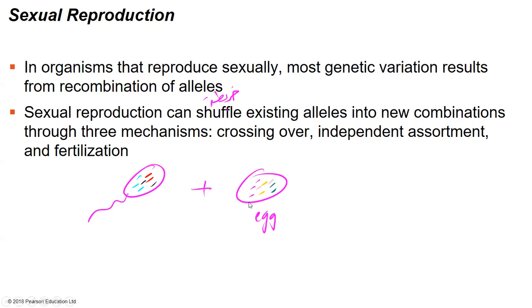And then when these two cells mix together, they will form a zygote with, let's say, a new combination of alleles that are already found in the population, but this is a new combination of alleles. Okay.